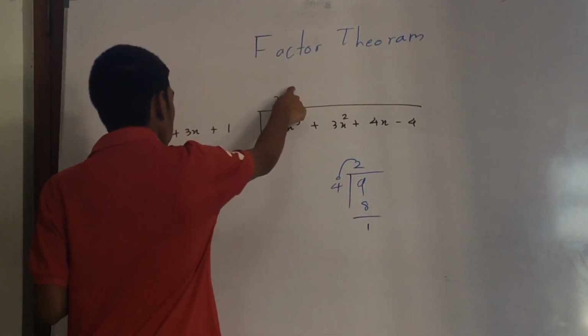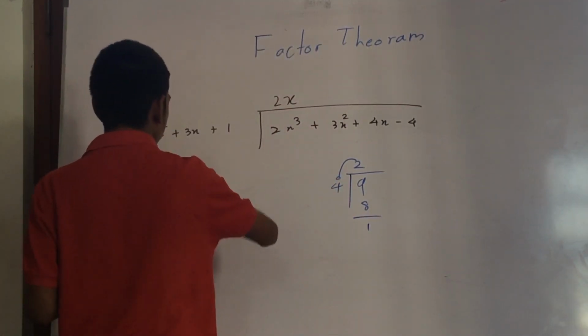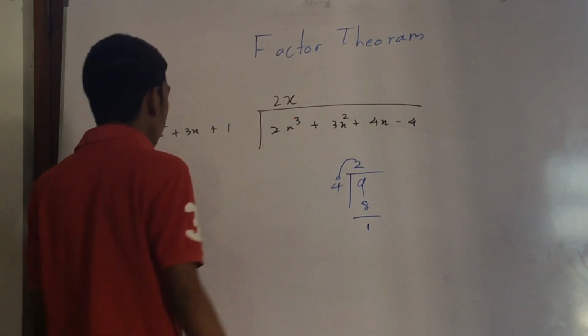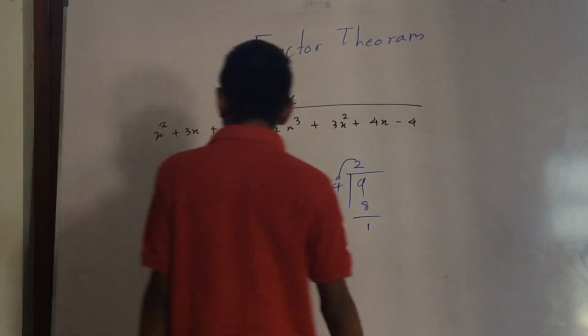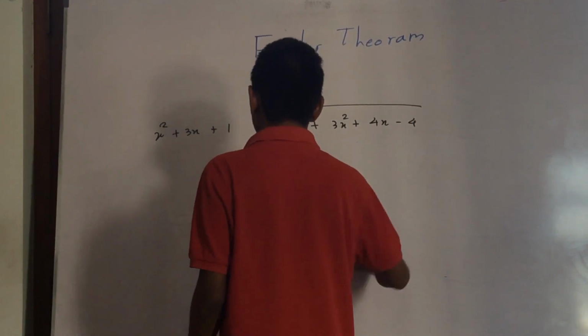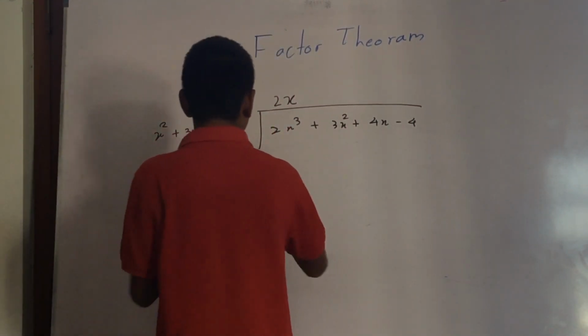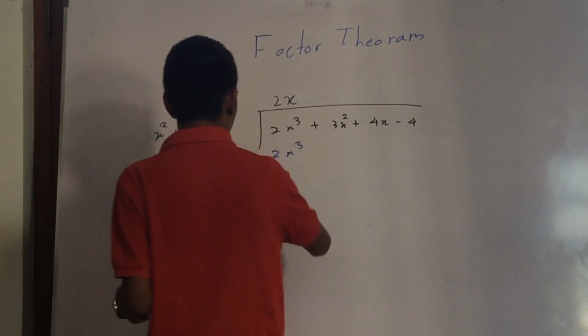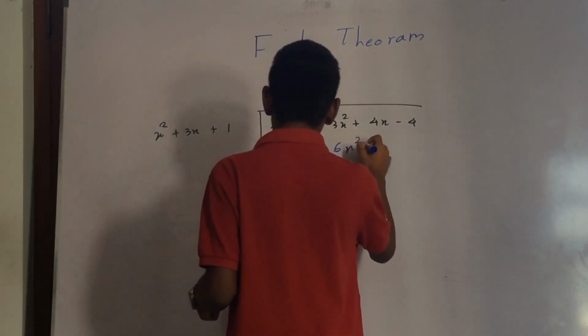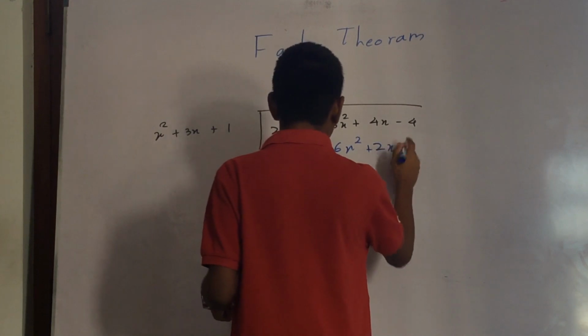Likewise, we multiply 2x by all of these 3 terms: 2x into x squared, 2x cubed; 2x into 3x, 6x squared; 2x into 1, it will be 2x.